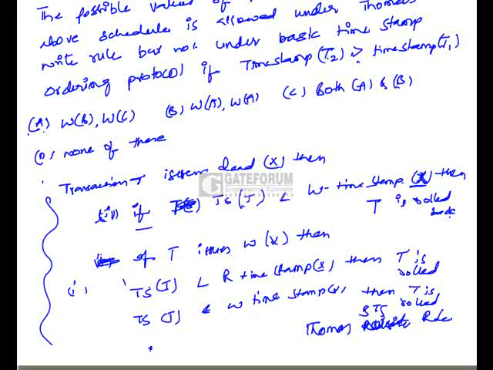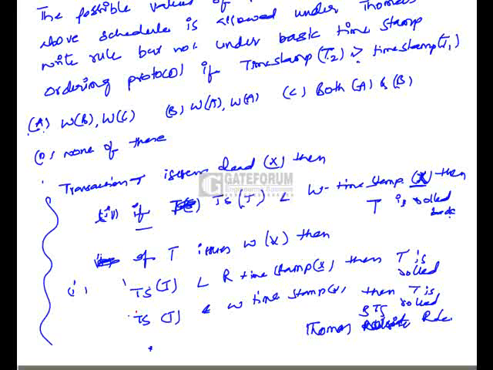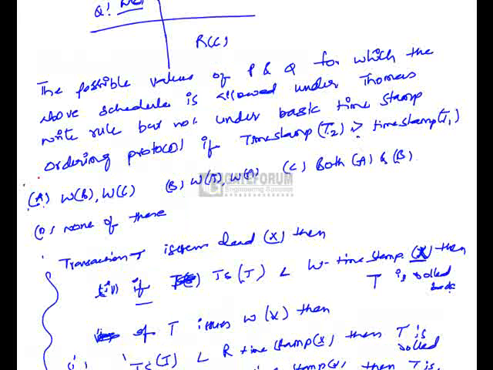It is the timestamp of T1 only, because this is the transaction which has read the data item C most recently. So these conditions will fail. That means transaction T1 is not rolled back, so it is allowed under both basic timestamp ordering and Thomas Write rule. So option A is wrong.